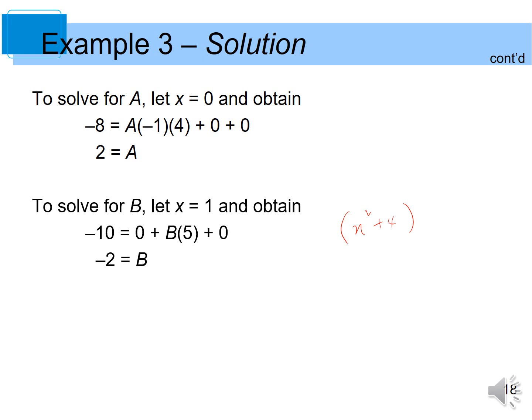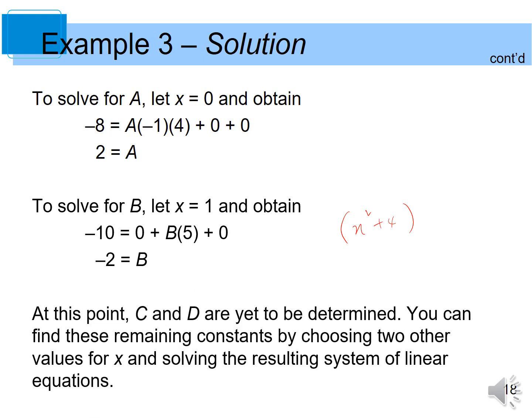So at this point, C and D are yet to be determined. You can find these remaining constants by choosing two other values for x and solving the resulting system of linear equations.